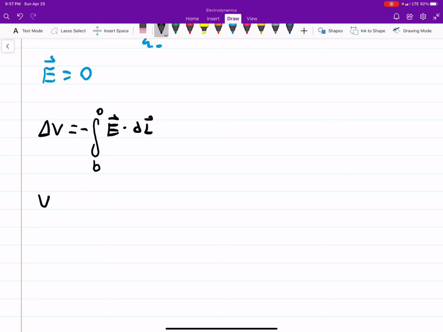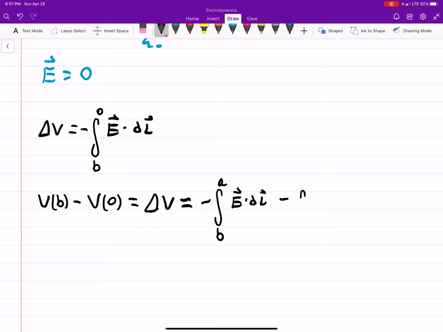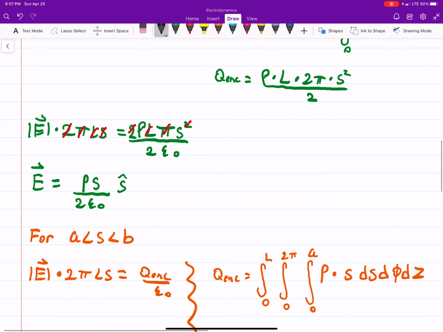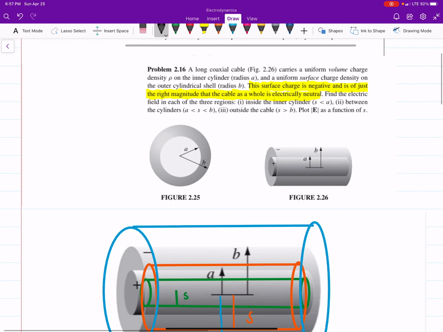So this will be V of B minus V of 0, which you could think of as just delta V, is minus the integral. So we're going to have to break this up into pieces. We're going to go from B to A first, E dot dl, and then we'll go from A to the middle there. And the reason why we're doing that is because your E field changes between there. So because we have this change, we have to kind of break this up into different points.